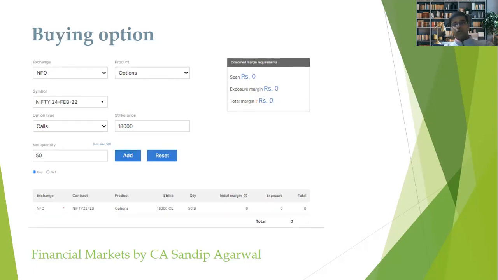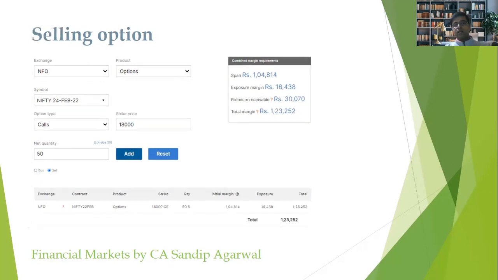Now, if we go with the buying of an option, this screenshot also I have taken from the Zerodha website. So here also I have taken the same strike 18,000 on the call option for the same expiry, 24th Feb 2022, on the Nifty. You just see the span margin, exposure margin, and total margin column is 0. So it doesn't need to maintain any margin.